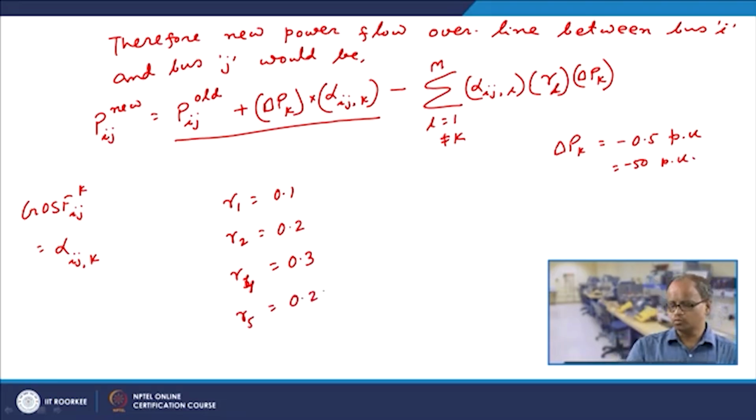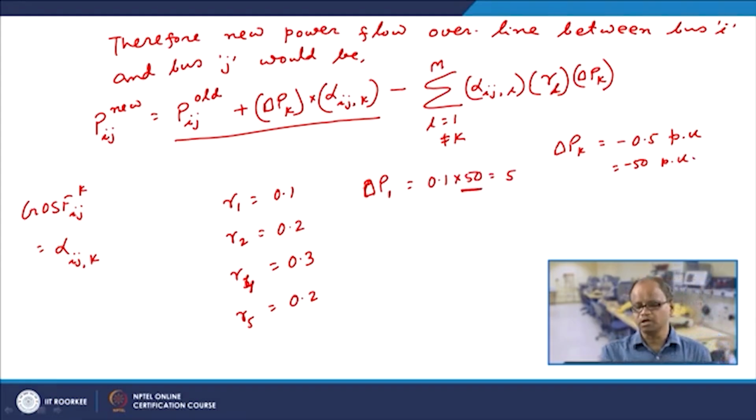So then, what would be delta P1? It would be 0.1 into 50 is equal to 5, and we are taking 0.1 into 50 because it has to inject more.